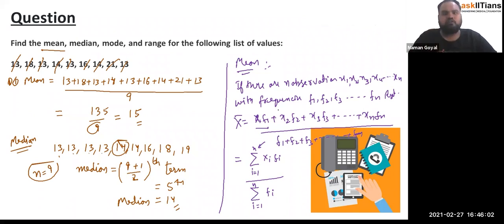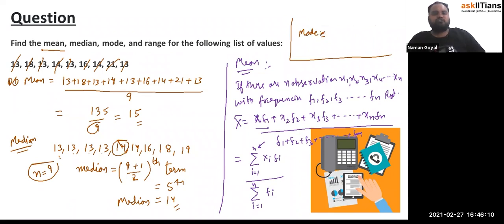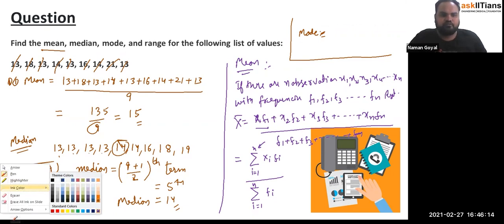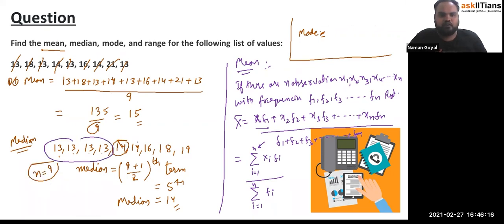Now mode is what? I can do mode here. For mode, if you see in this data, 13 comes 4 times, 14 comes 2 times, 16 one time, 18 one time, and 19 one time.